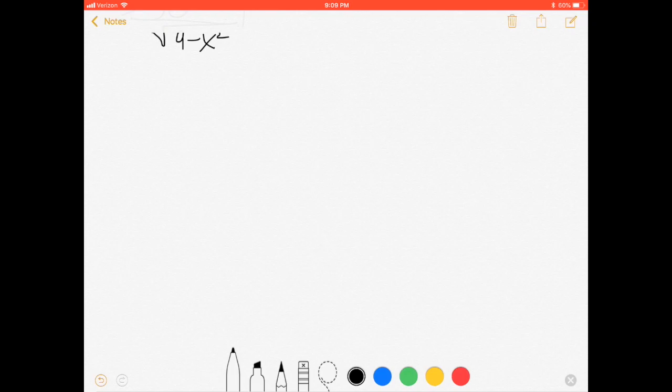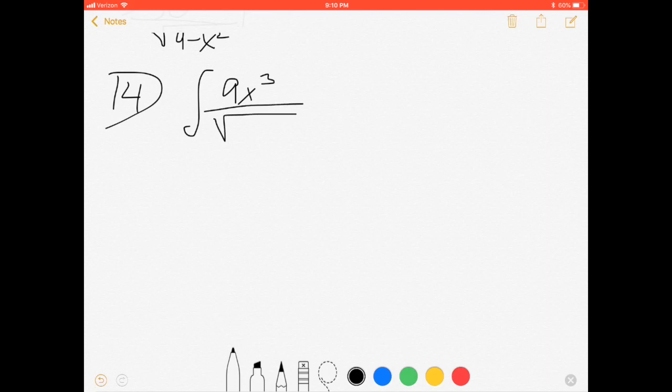Doing one more example, this is from your book, number 14. We have the integral of 9x cubed over square root of 1 plus x squared dx. Inside the square root we have 1 plus x squared. This means situation number 2, where the substitution is tangent.